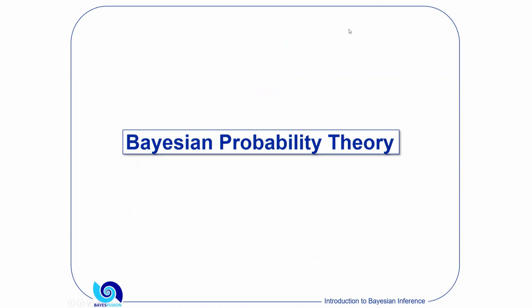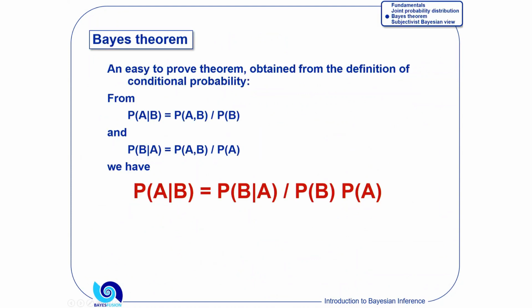Now, what is Bayesian probability theory? Bayesian probability theory is essentially a theory that originates from a theorem, from a paper published after his death by a Reverend Thomas Bayes, an 18th century amateur mathematician, a reverend, a priest, who wrote essentially two papers.